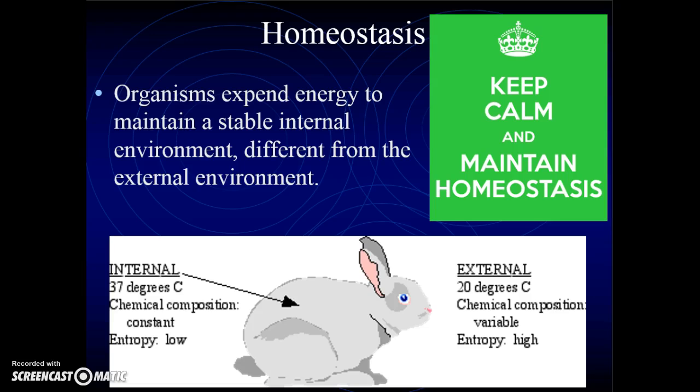In contrast, the external environment to the rabbit is much cooler, 20 degrees Celsius, has a variable chemical composition, and a much higher amount of disorganized energy. So the rabbit, and in fact all living things, have to spend quite a bit of energy to maintain homeostasis, these stable internal conditions different from external conditions.